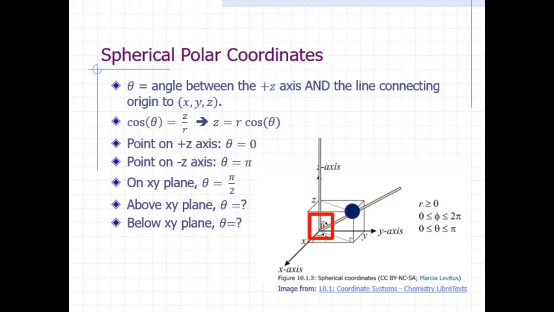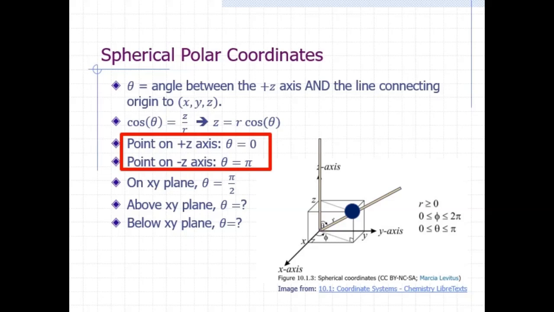It should be easy to see that cosine of theta is equal to z over r, which means that z is equal to r times cosine theta. For any location, the value of theta can be anywhere from 0 to pi. If a point is on the positive z-axis, theta is equal to 0. If a point is on the negative z-axis, theta is 180 degrees or pi radians.